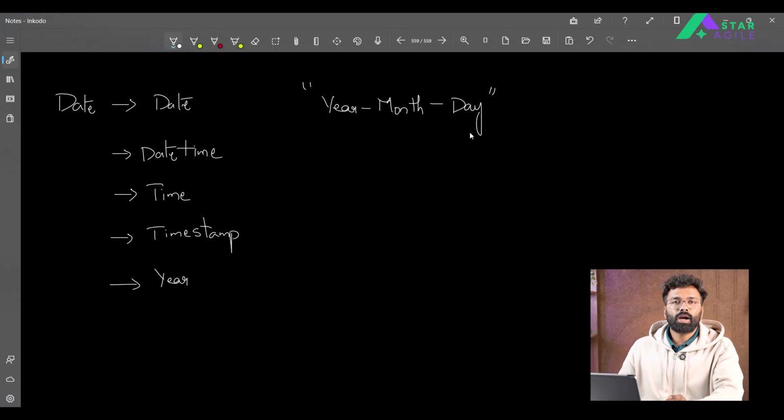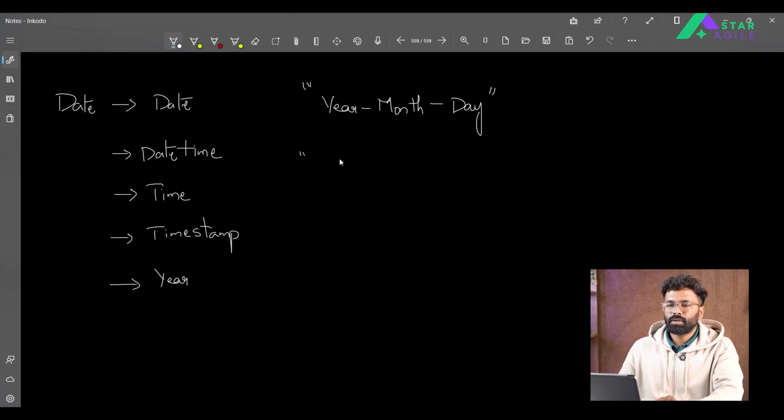This is the format in which the data needs to be there when inserting into the server from SQL. It's not day, month, and year. It will be year, month, and day when you deal with date data using SQL, guys. And the date data also needs to be specified in single or double quotations.